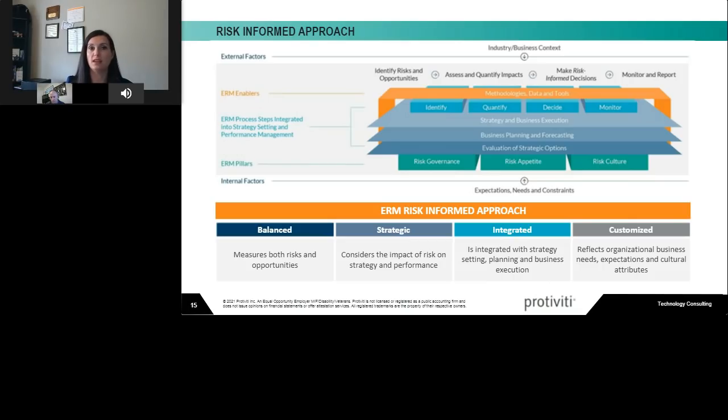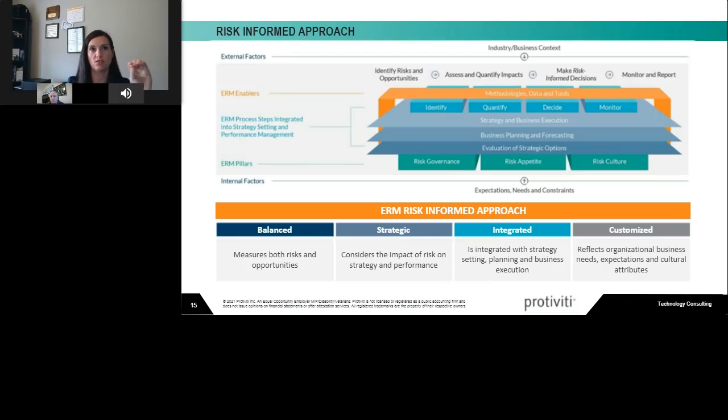Like we said, ERM programs are really intended to help organizations anticipate, adapt, and respond to the changes, and focusing efforts and resources on risks and opportunities that can impact their strategic performance.